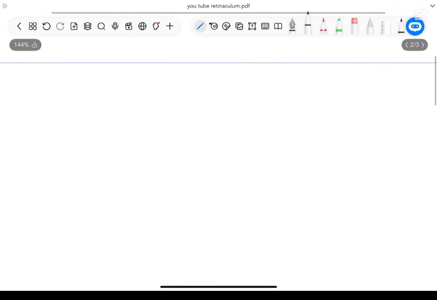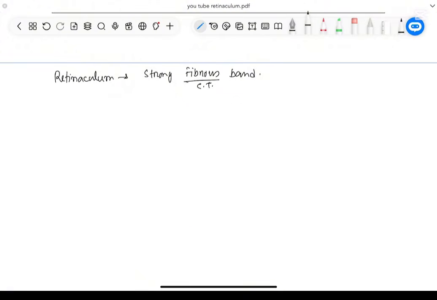First we have to know what actually the retinaculum is. So, retinaculum is a strong fibrous band. Here one piece of information we have to remember: it's a fibrous band, and fibrous structure means it is connective tissue.